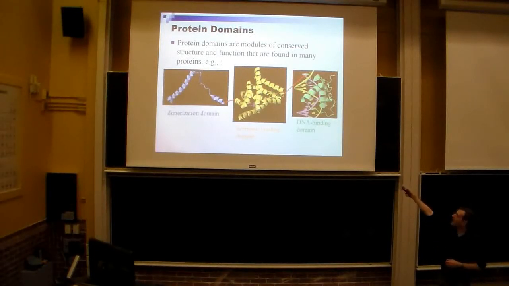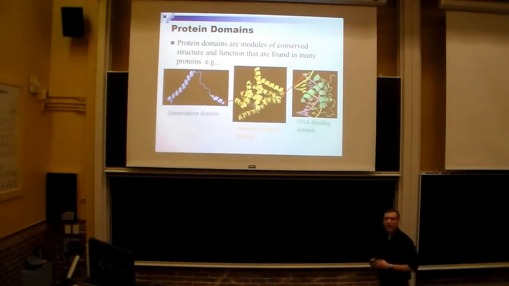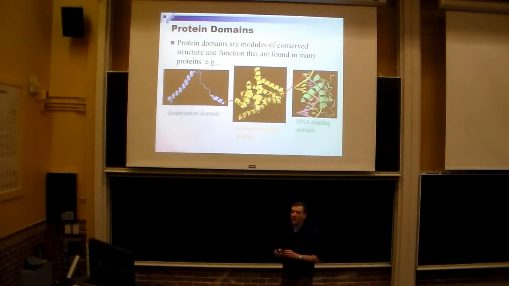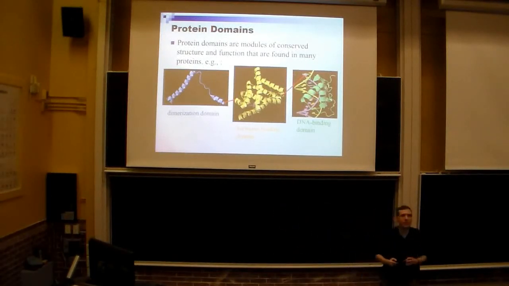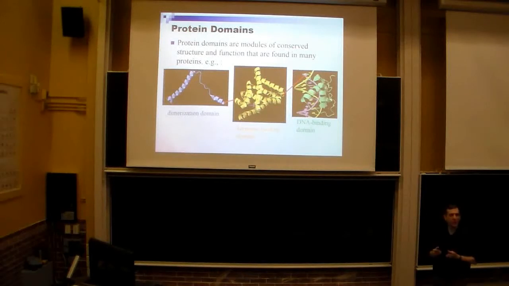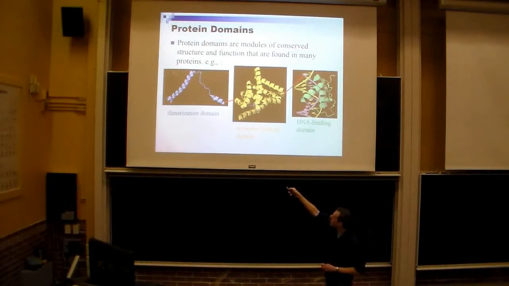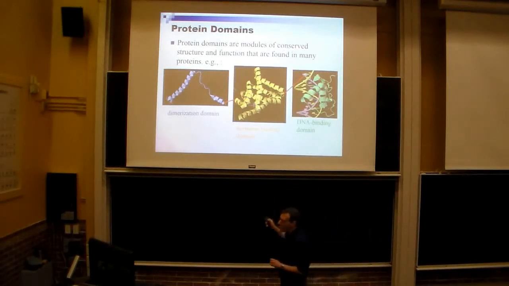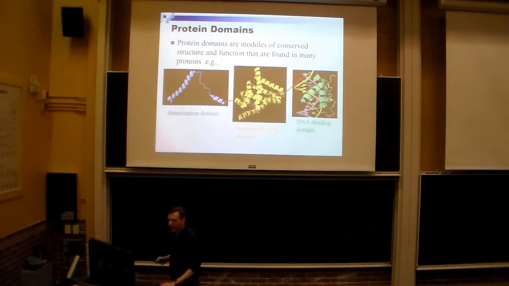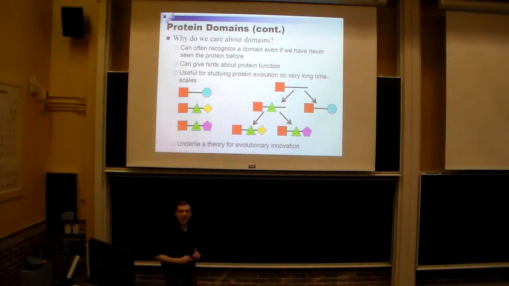For example, a DNA binding domain illustrated here, where we've got a couple of alpha helices that sit nicely on the backbone of a DNA strand and would be involved in interacting with that DNA. So many proteins will have multiple different domains within them, and it's often very useful to think of a protein as a collection of these domains. So these would be a few examples. We might have one protein that consists of these domains joined by various linker regions. And there are a lot of reasons why we care about protein domains.